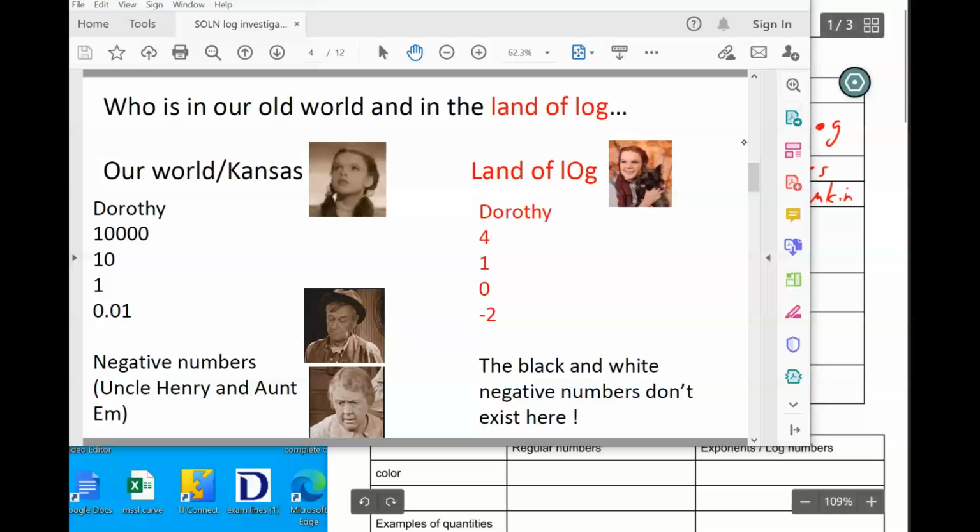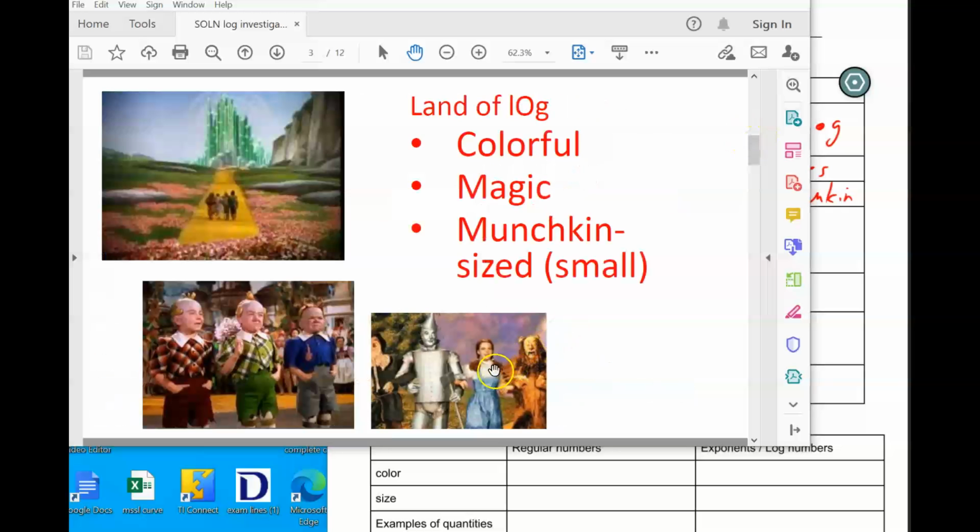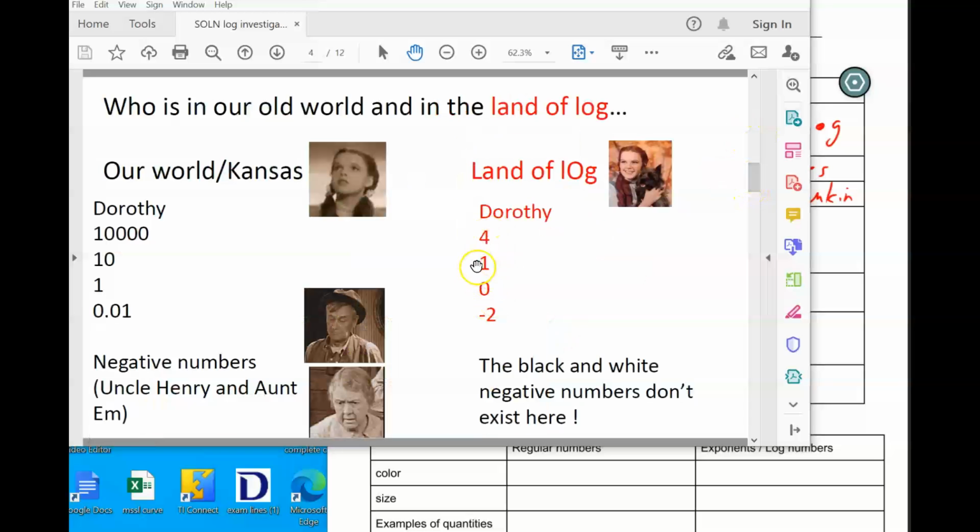So, for example, they look exactly like our numbers, except they are colorful and they are small, just like the people in the land of log. And the people in land of log are small and colorful, right? And the numbers in the land of log are also small and colorful. The black and white numbers in the regular world, we're going to write in black. Okay?